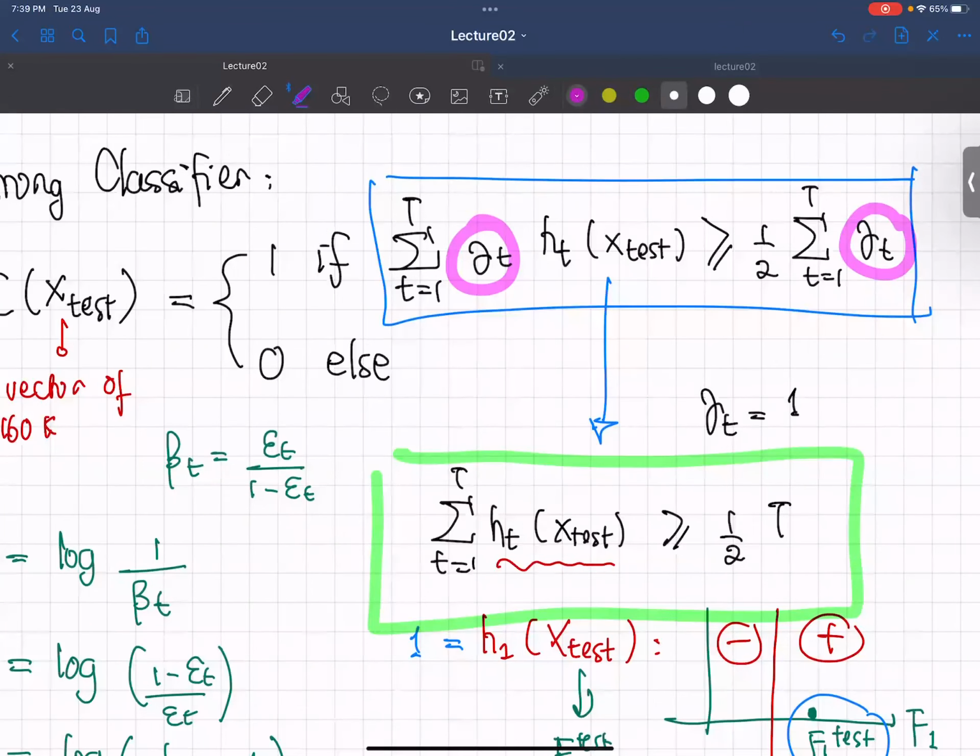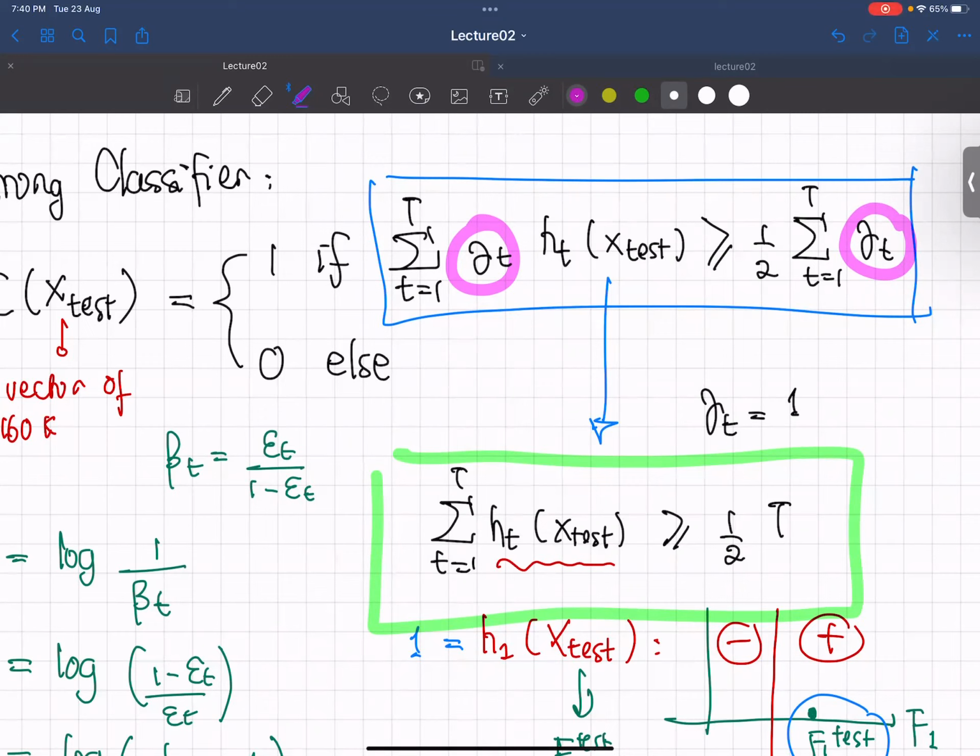In the blue box, if gamma t is positive and really large, then it will have a lot of influence on your HT because it's multiplied by a large positive number. But if the quality of your classifier is bad, then your gamma t will be negative, and it will not contribute that much to this decision. If it is 0, if it is 50-50, it doesn't contribute that much.